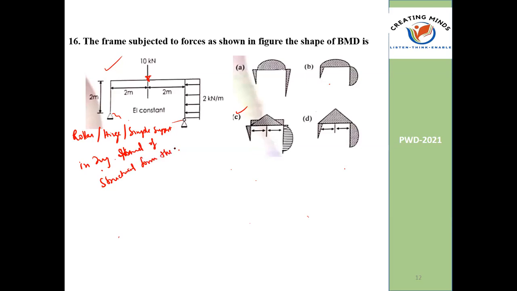In any kind of structural form, the moment at that specific joint is 0. Okay, this is very, very important. Whether they give a hinge here, I may give a roller like this. This is 0 moment.